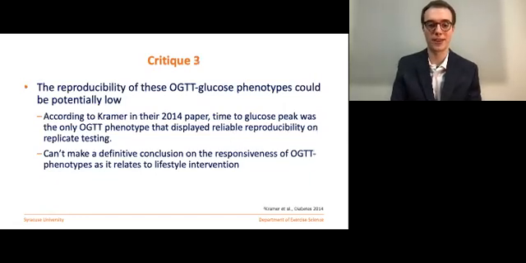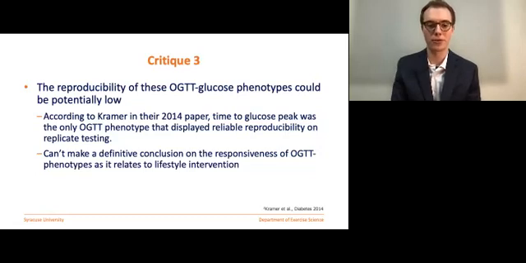Lastly, the third critique is that the reproducibility of these OGTT glucose phenotypes could be potentially low. According to Kramer in their 2014 paper titled Changes in OGTT-Derived Biomarkers in Response to Lifestyle Intervention Among Latino Adolescents with Obesity, time to glucose peak was the only OGTT phenotype that displayed reproducibility on replicating tests.